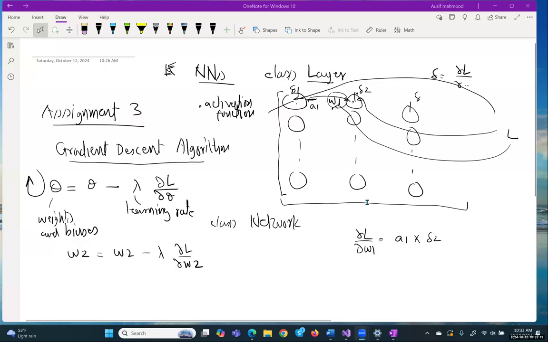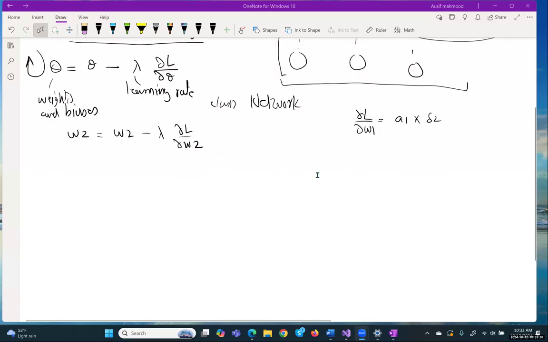Coming back to the gradient descent algorithm, we have three variations of it.